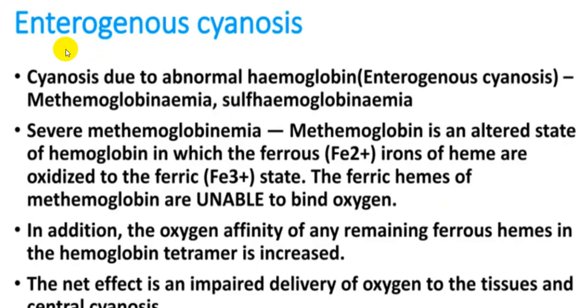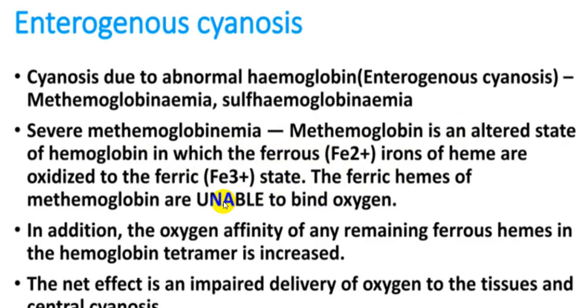Anoxic cyanosis, or what we call pigmentary cyanosis, is because of abnormal hemoglobin pigments, and that produces cyanosis. That is methemoglobinemia, sulfhemoglobinemia. Methemoglobinemia is because of an alteration in hemoglobin status: the iron present in the ferrous form in the heme is oxidized to the ferric form, and this ferric form of heme has a poor affinity for oxygen.